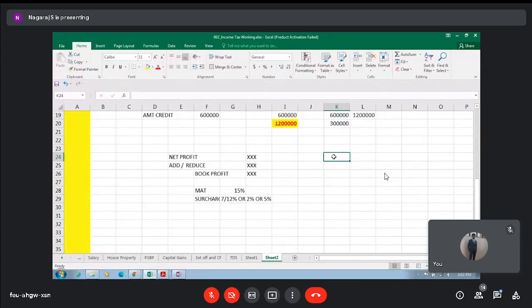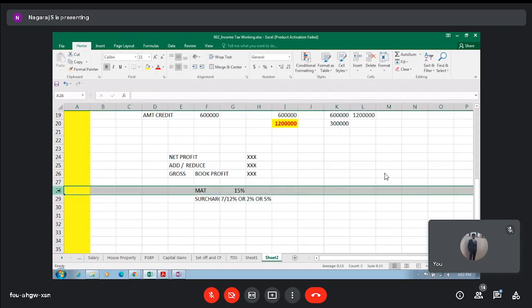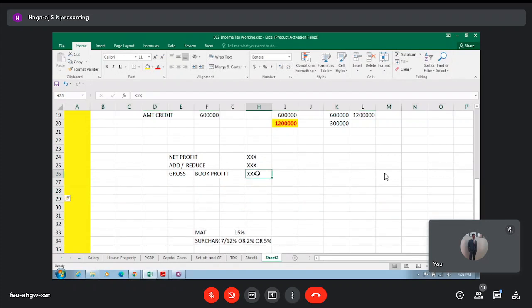Whatever you get after adding and reducing everything, for my understanding's sake, I will write it as gross book profit.